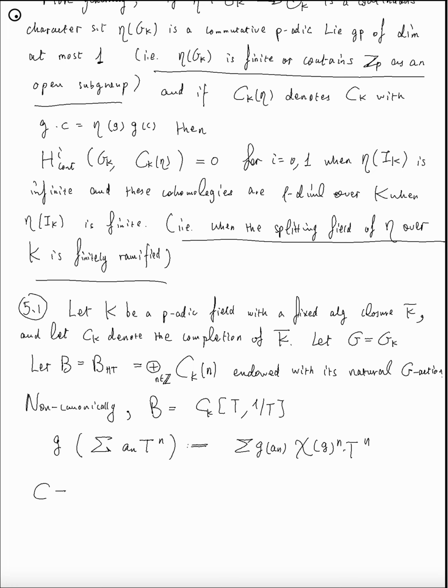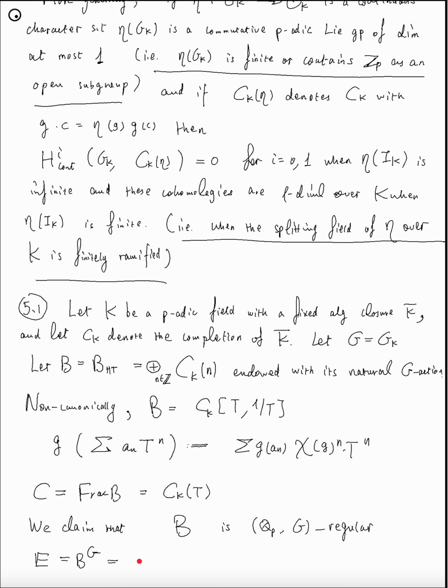So in this case, C is defined, we call it the fraction field of B. This will be just C_K(T). And we claim that this B is Q_p and J regular, with the fixed points of B under G being, in this case, K itself.